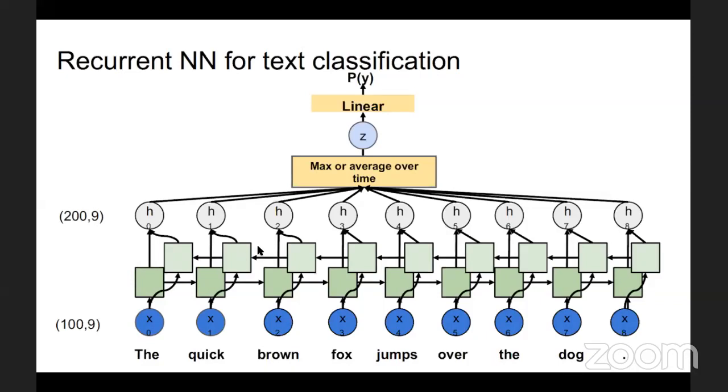Okay, so just try to get hold of the intuition. We started with the one hot vector, we used different vectors, then we tried to capture the temporal context using this neural network architecture called recurrent neural networks.